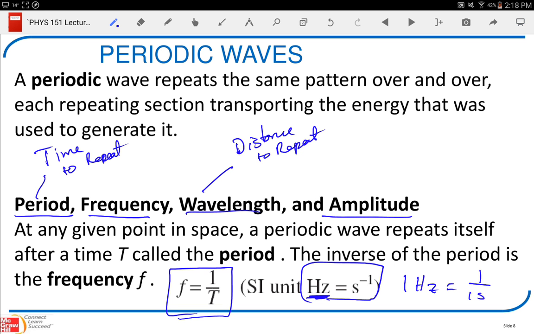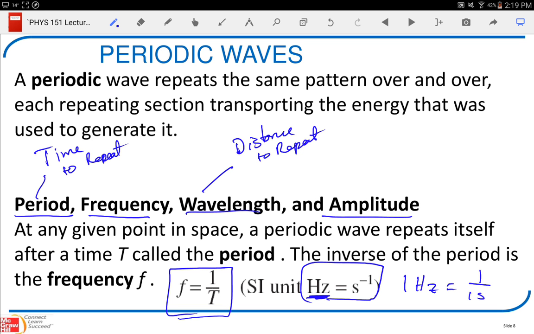So it's not a wave. And it doesn't have a wavelength because it doesn't have a distance to repeat. It still has a time to repeat. It still has a period. It's oscillating. But it doesn't have a distance to repeat. But if I have a wave that's traveling by me, there is a certain distance for it to repeat.